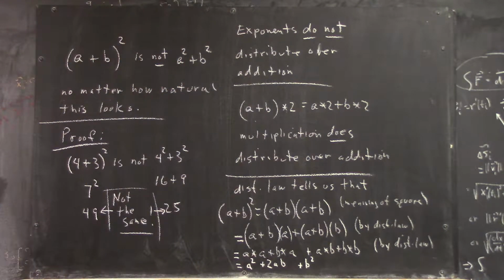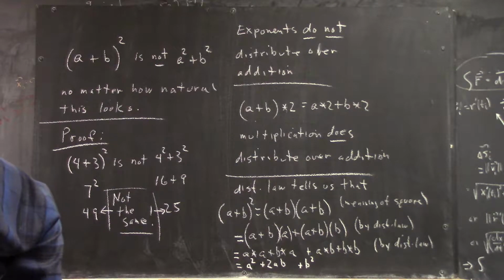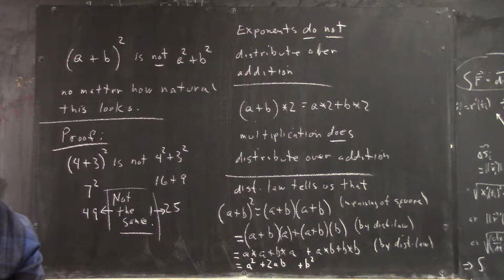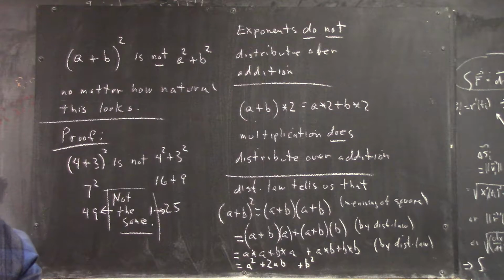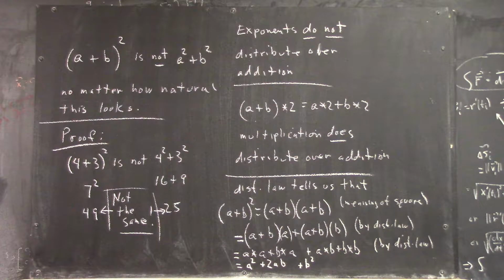If you memorize that without understanding why it's true, then the next time you see it, after you're done circling the numbers on an SOL or test or whatever, a month after that, you won't remember it anymore because you don't understand it. It's not that easy to understand. It takes a little work. Okay?